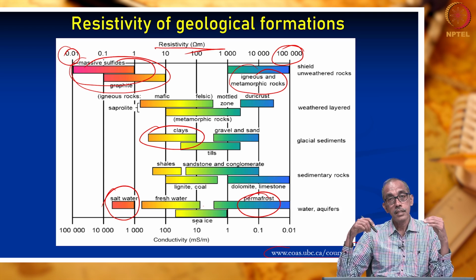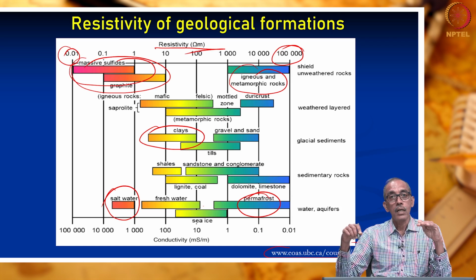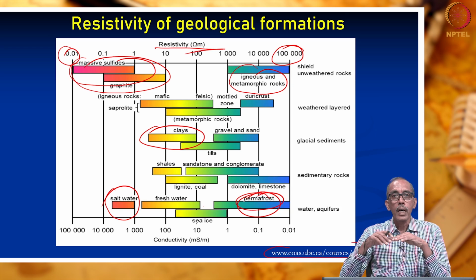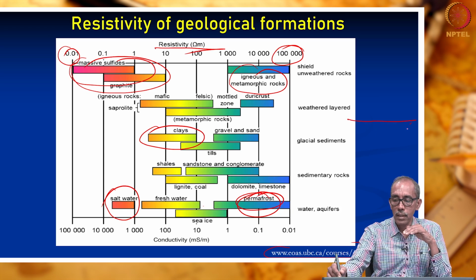So, in fact, the resistivity method can be used to see whether groundwater beneath the surface is in liquid form or in frozen form. The word permafrost refers to permanently frozen groundwater below the surface of the earth. So, this is the surface of the earth, this is the water table.